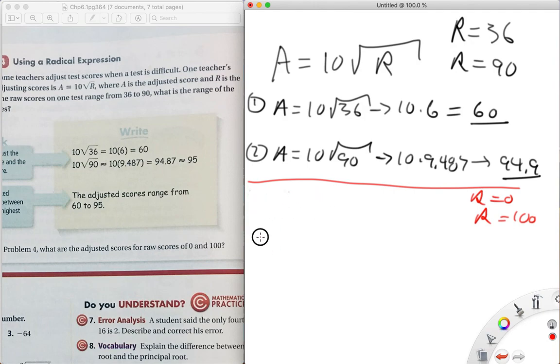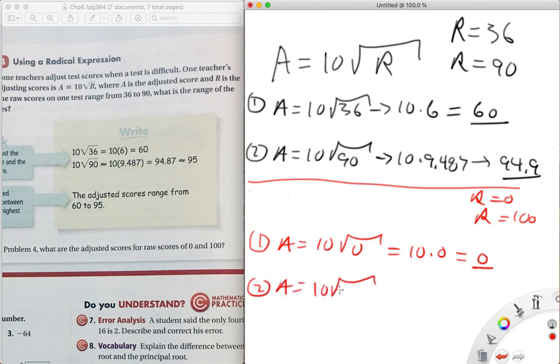So scenario number one, for R equals 0, A equals 10 times the square root of 0, which equals 10 times 0, which equals 0. That sucks. And then A equals 10 times the square root of 100. Well, the square root of 100 is 10. So 100. Nice.